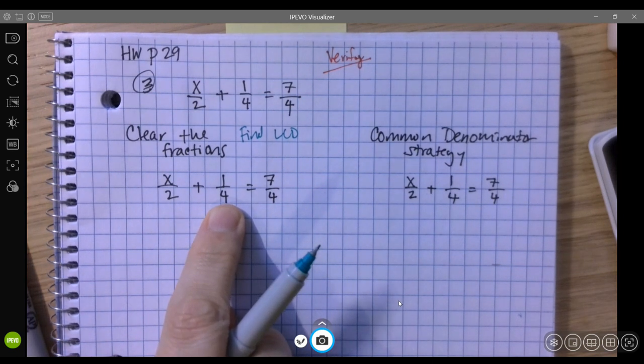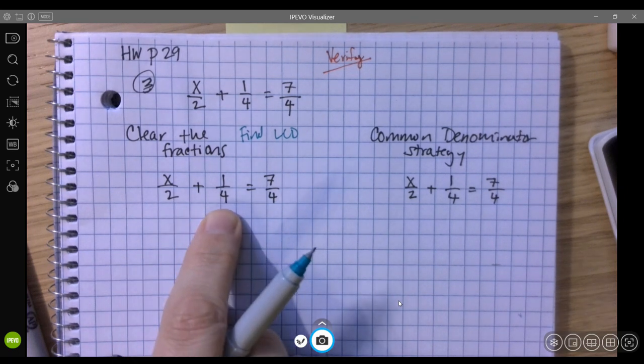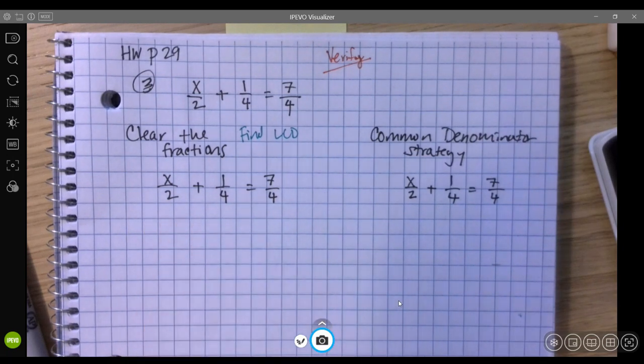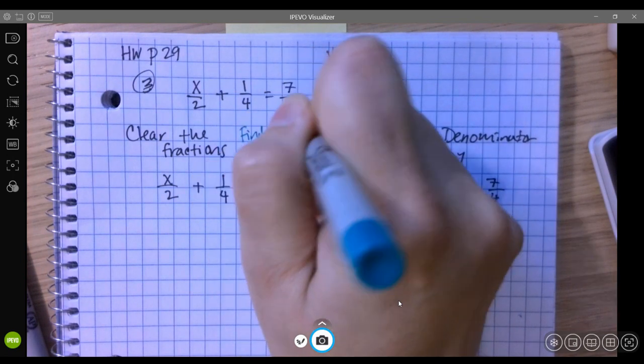I could also use eighths, sixteenths, 24ths, 32nds, 80ths. But the bigger a number I use in my denominator, the smaller the pieces and the bigger the numbers. So I want to use the smallest denominator that will work for both of these fractions. Okay. So the lowest common denominator for these ones is going to be fourths.